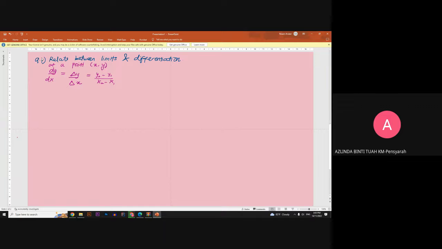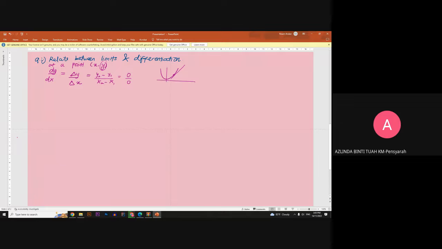So we need to use the idea of getting the gradient from a line, from a tangent line. Let's say I have a curve. When we want to find this, we cannot just focus on that point. We need to have a tangent line.